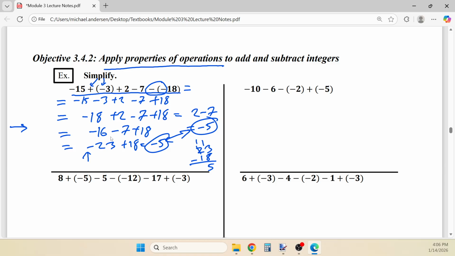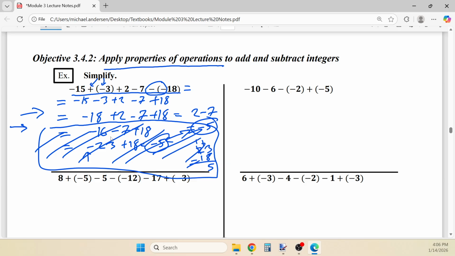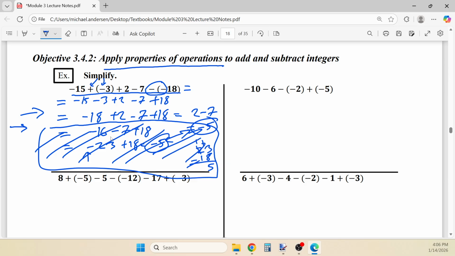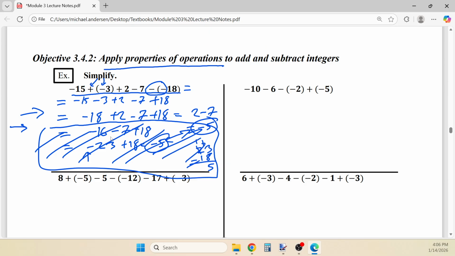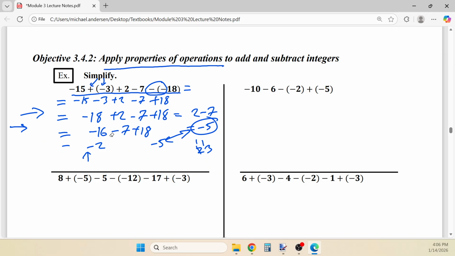So if you notice, it was a lot faster to see some appropriate grouping and not have to do this part of my problem. It is nice to find faster ways to do problems, although whatever way you think of is the best. You shouldn't worry about finding the best way to do a problem.